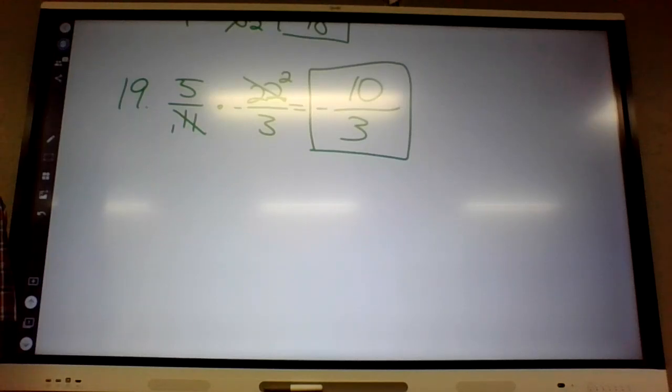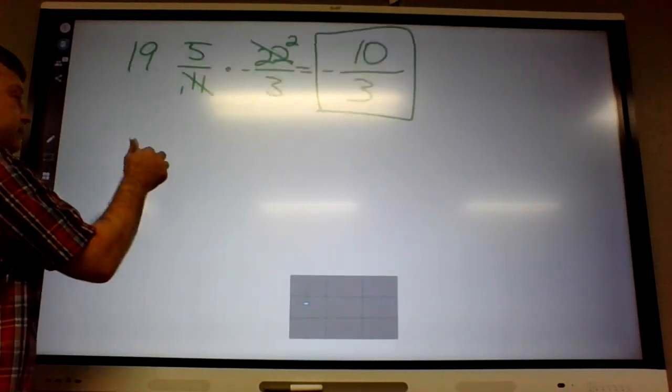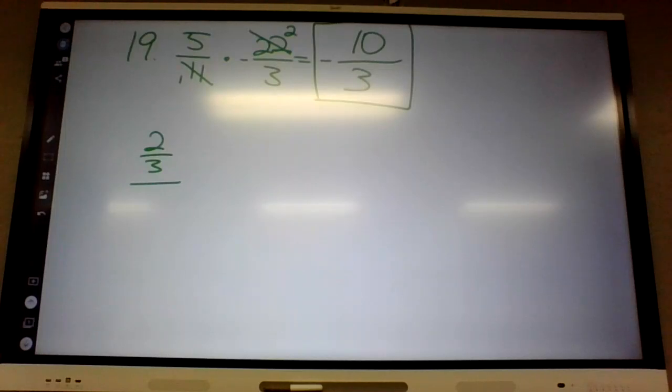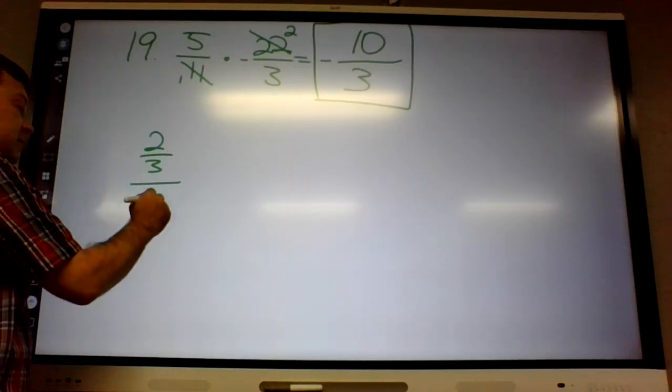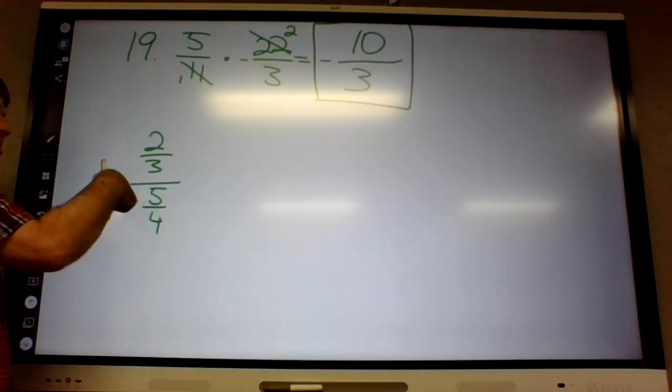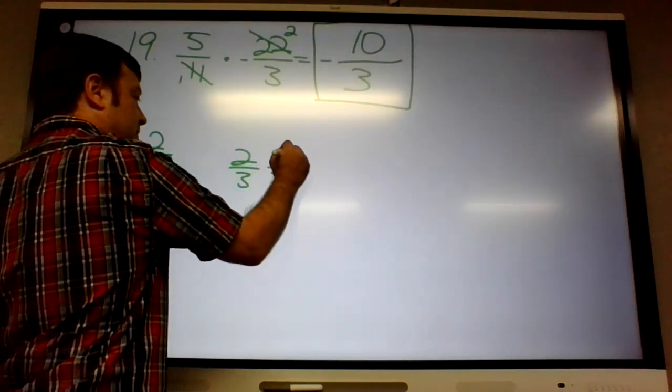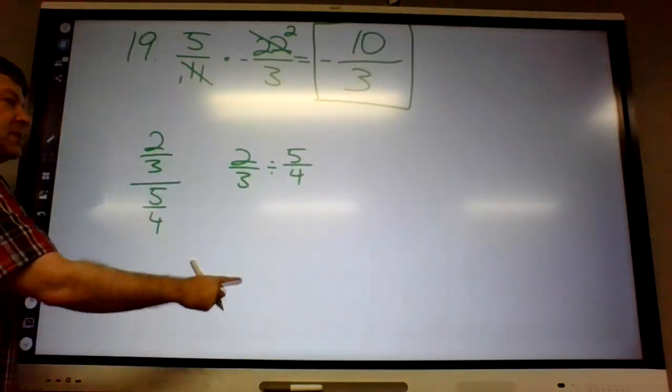Okay, 25 and 26 and all those at the bottom, that kind of looks weird. What's going on in 25? It's just the fractions dividing each other. Yeah, it looks kind of like this, 2/3, 5/4. So what's this mean? 2/3 divided by 5/4.